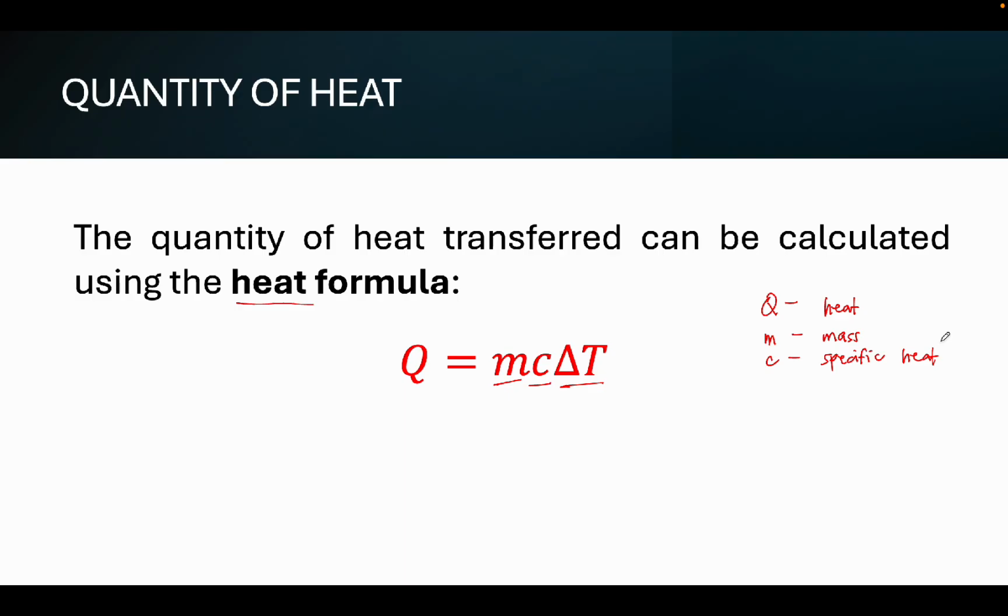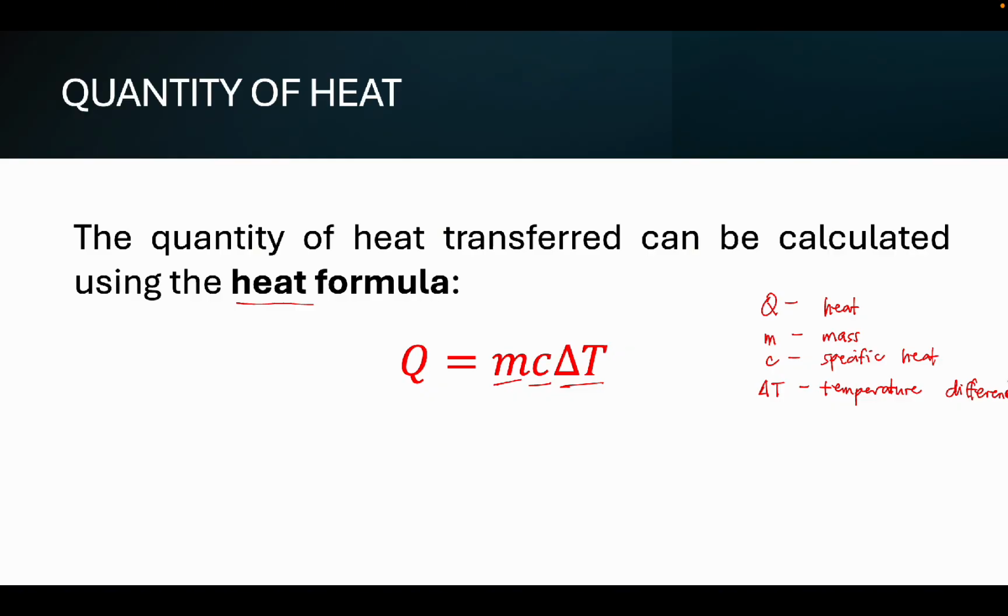Other materials have different values for specific heat depending on the material. And then delta T is the temperature difference, or the change in temperature.